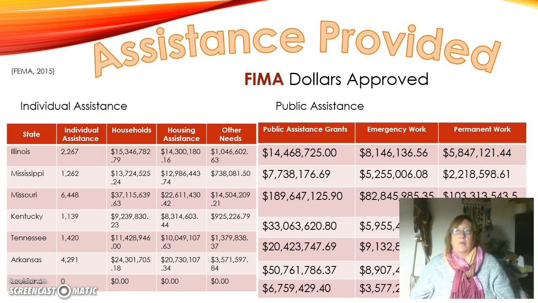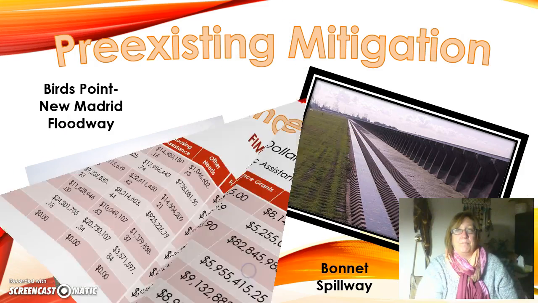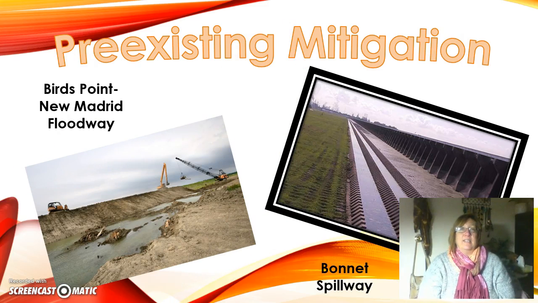You got permanent work that was done to like rebuild the levees and rebuild homes and stuff. You got emergency work that was done, public assistance grants, and so forth. There was a lot of money. FEMA put out a lot of money on this one. You got pre-existing mitigation, which were the levees. They were put in place.